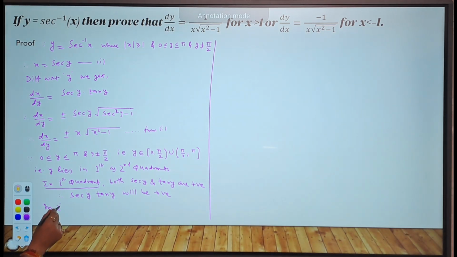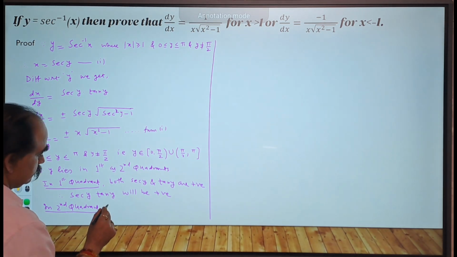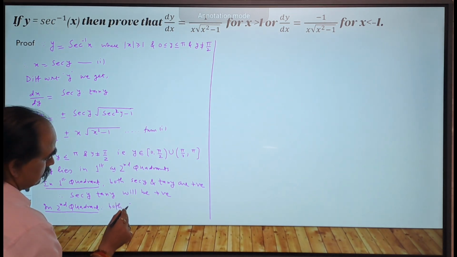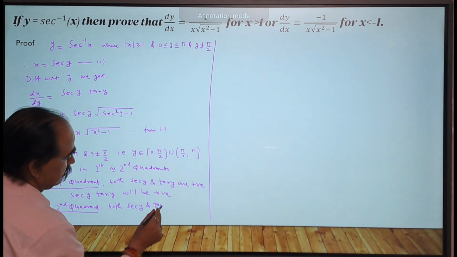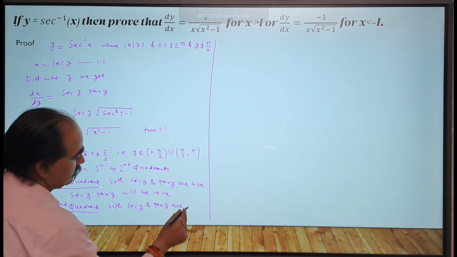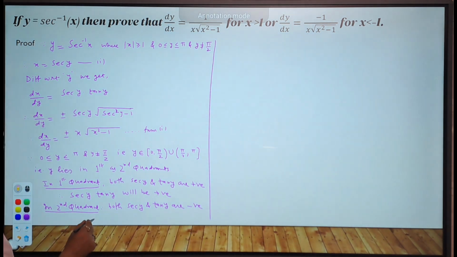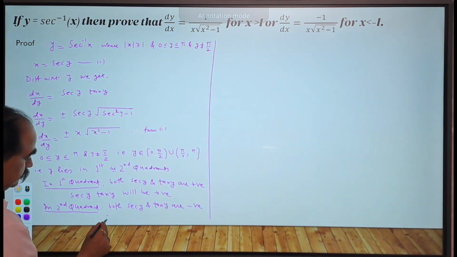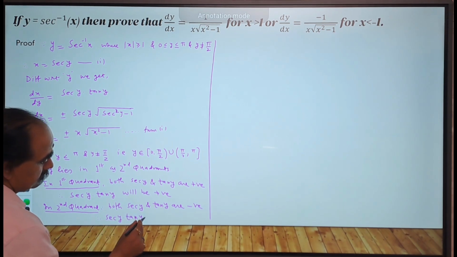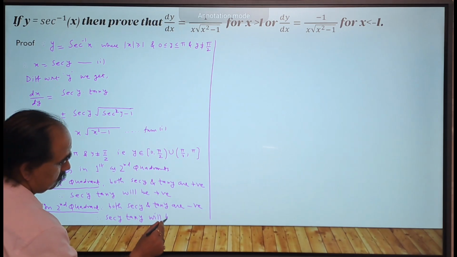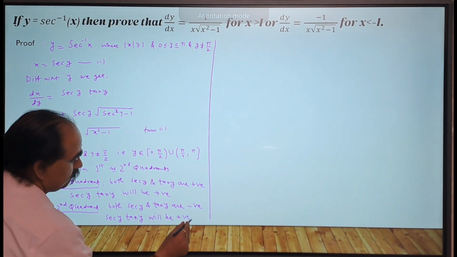In second quadrant, both sec y and tan y are negative. Therefore sec y into tan y will be positive.